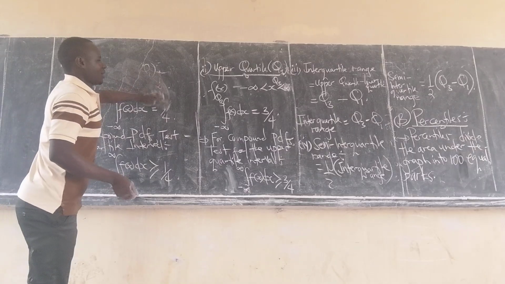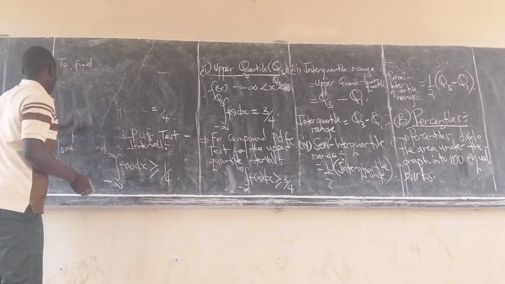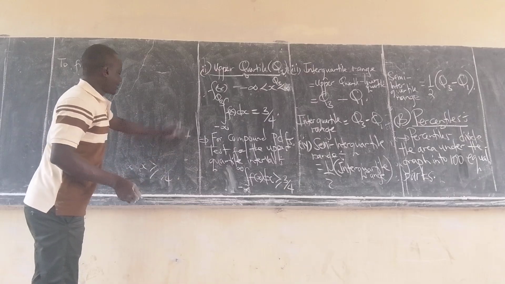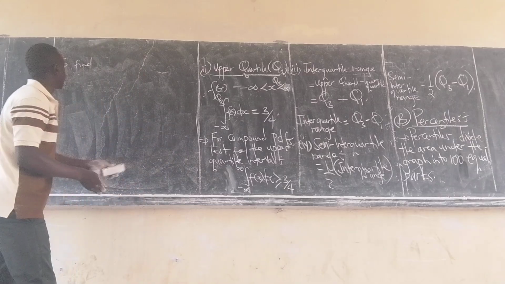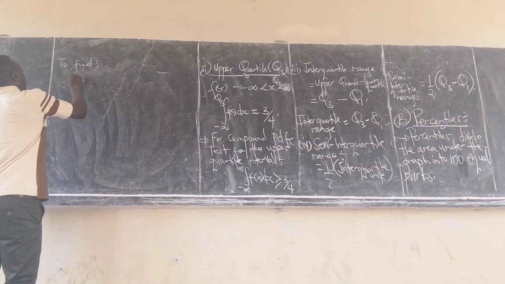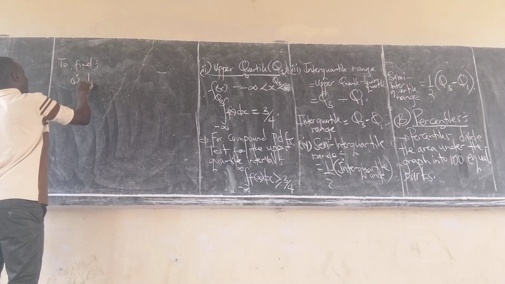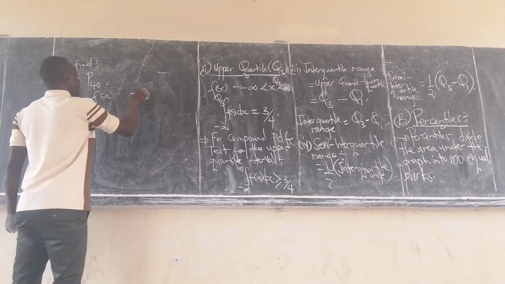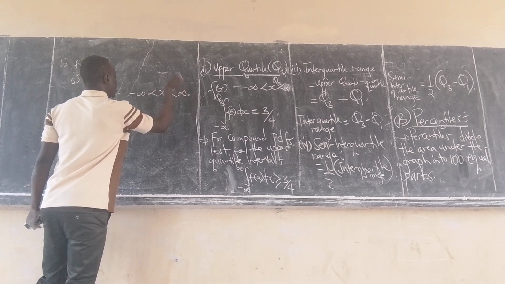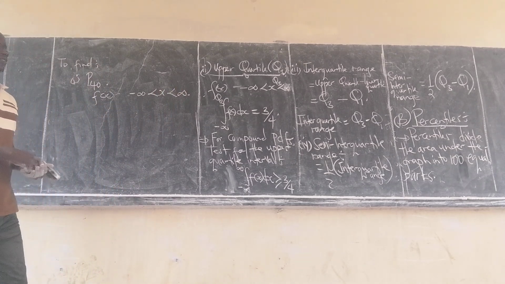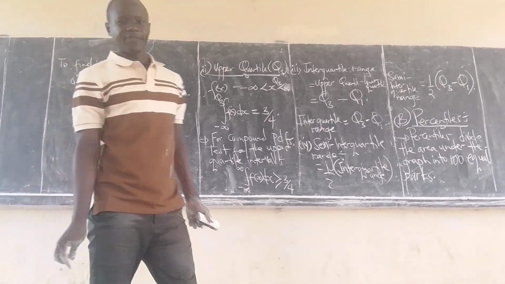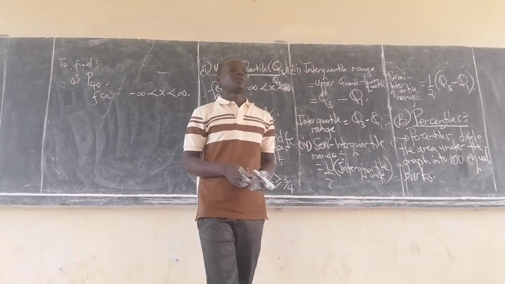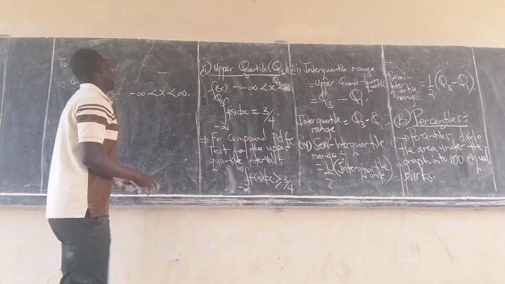So we are saying under subsection part B, capital part B, that if we want to find Roman 1, P40, our f of x will be defined over a continuous domain that runs from negative infinity to positive infinity, implying that our P40 is definitely at some point between negative infinity and positive infinity.